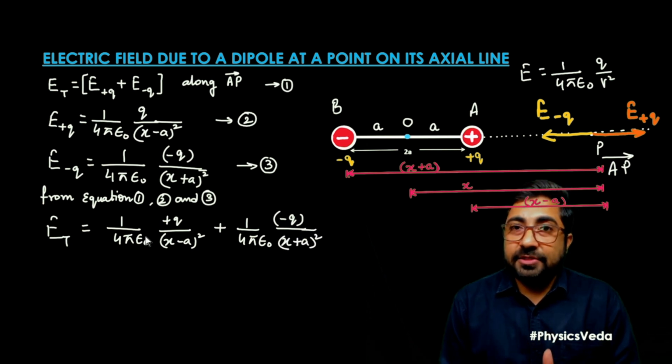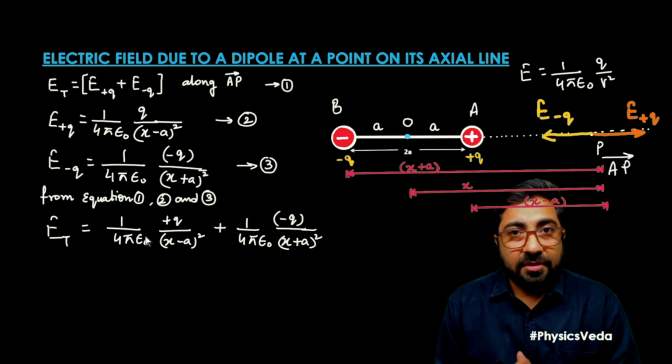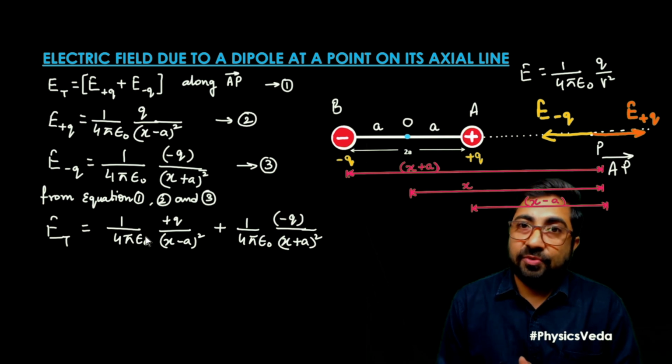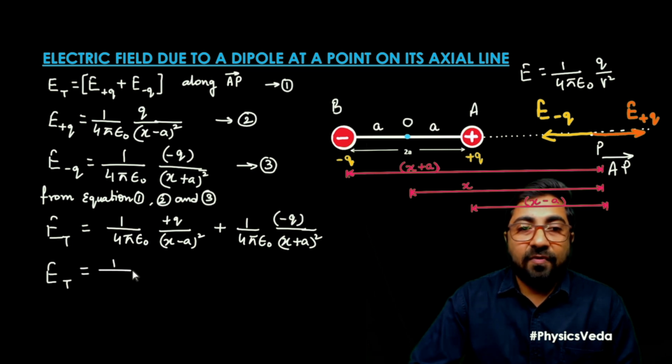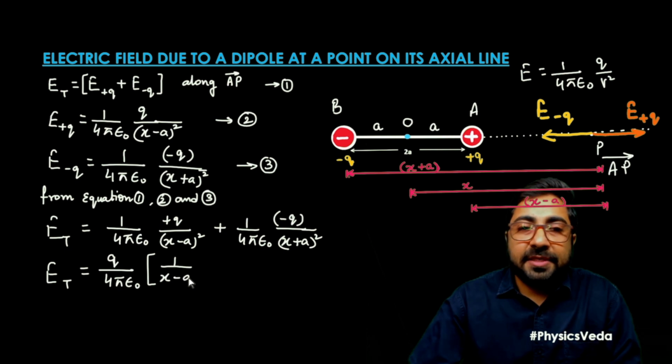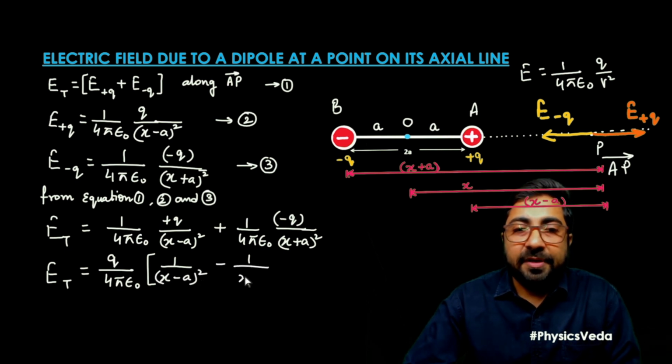Here we can take some quantities common, like 1 upon 4 pi epsilon naught and the charge q, the magnitude of charge. So after taking common, the total electric field is 1 upon 4 pi epsilon naught times Q times 1 upon x minus a whole square minus 1 upon x plus a whole square.